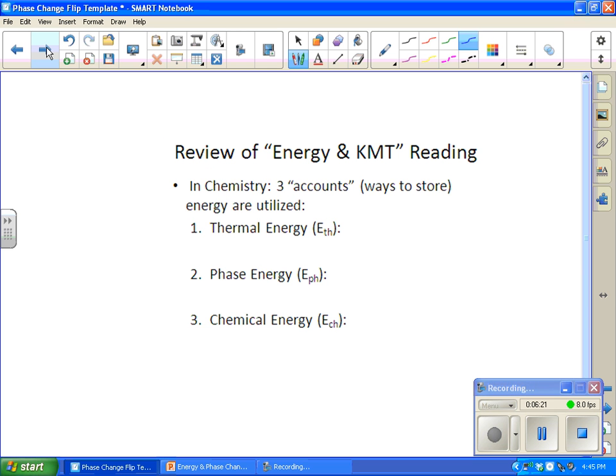In that reading, you read that there are 3 ways to store energy, 3 accounts, if you will. First of all, there's thermal energy, and we abbreviate it with E_th. This is the energy that's stored in moving particles.